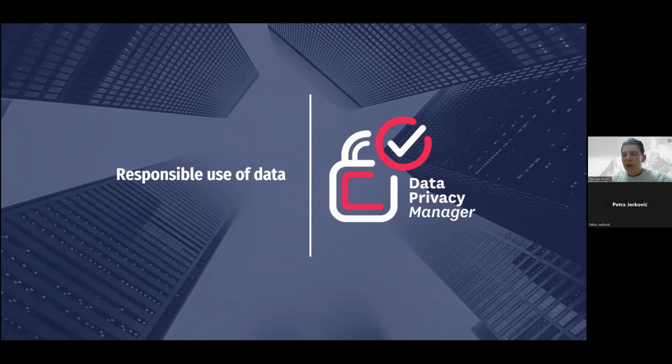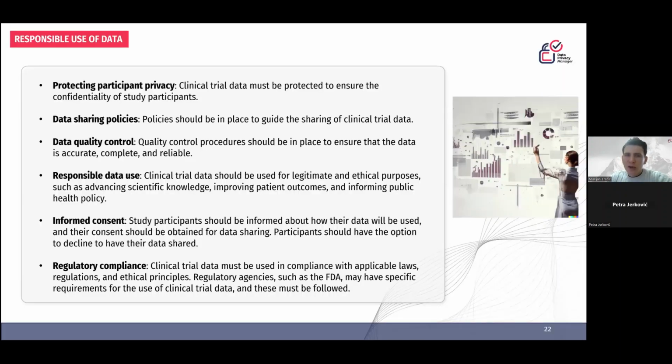But if we want to have patient in the center, if we want to think about patient, if we want to be ethical, and if we want to have a future where AI doesn't go wild, then we need to responsibly use data that we feed to the AI. So the final point I have is how you can responsibly use the data and why DPM helps.